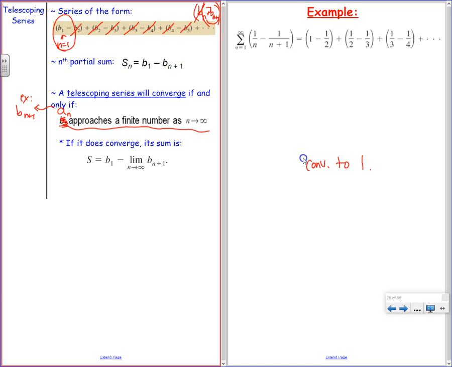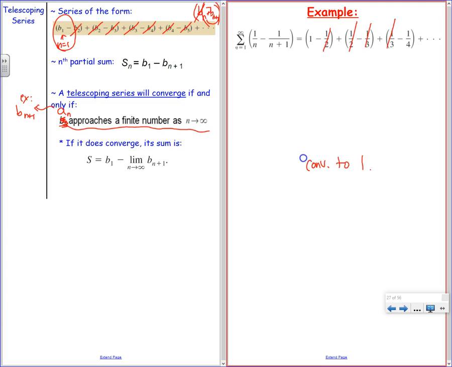Which is why we say the sum of the infinite series, if it does converge, will be b sub 1 minus the limit as n goes to infinity of that remaining piece. So in this one over here, you guys see how the 1/2 are going to cancel? And the 1/3 are going to cancel? And the 1/4 are going to cancel? Let's go ahead and stop it. Plus, dot, dot, dot, plus the 1 over n minus 1 over n plus 1.